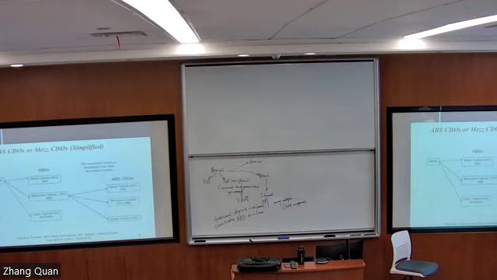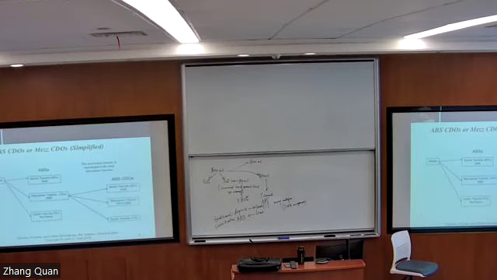Then they package all the mezzanine tranches into an additional ABS, and this ABS can be separated into several different tranches again. And you can repeat this strategy again and again for those hardest to sell.